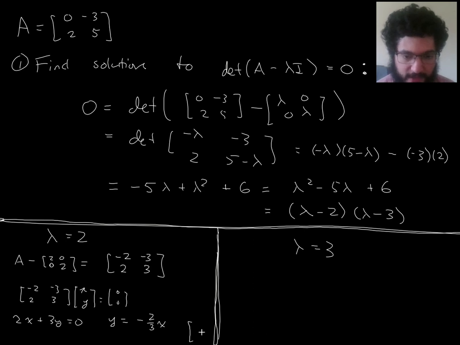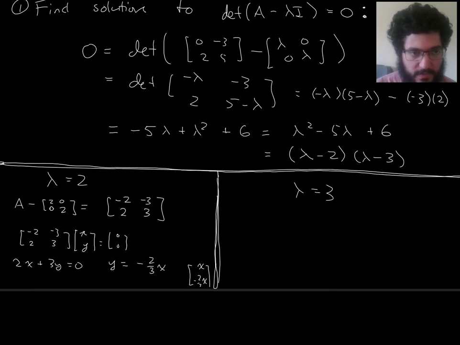So any vector whose second component is negative 2/3 of the first component is going to work as an eigenvector. So then any multiple of 1, negative 2/3 will work as an eigenvector. So here x could be anything.